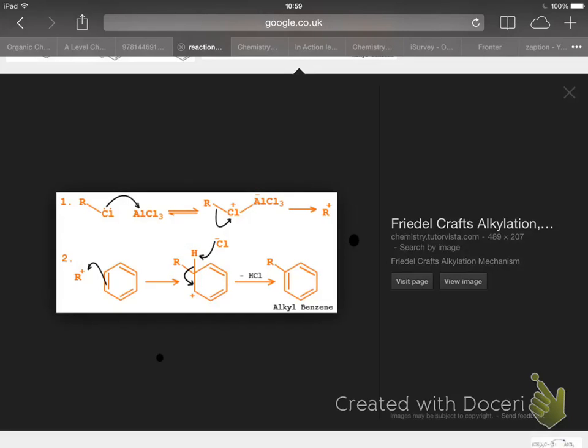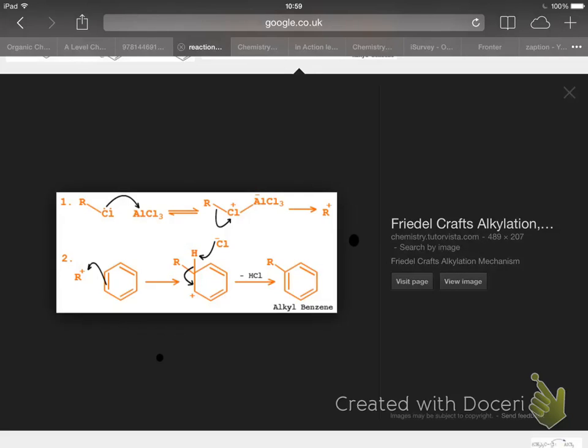And then our R plus electrophile reacts with the benzene ring to form a carbocation intermediate. And then the AlCl4 minus really comes along to deprotonate that hydrogen. So I form HCl and AlCl3. So my AlCl3 is acting as a catalyst.